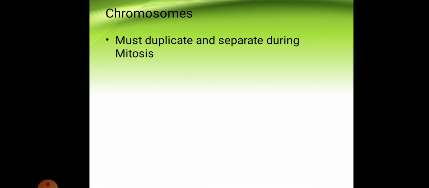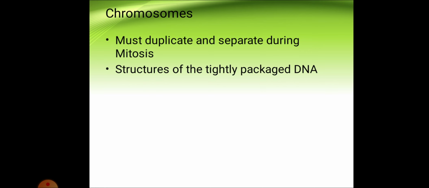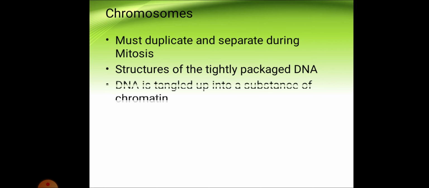Let us define the chromosome. It must duplicate and separate during mitosis. Chromosomes, ito po yung isang bagay na nagduduplicate at ito din po ay isine-separate sa process ng mitosis. The structure of tightly packaged DNA is the chromosome.